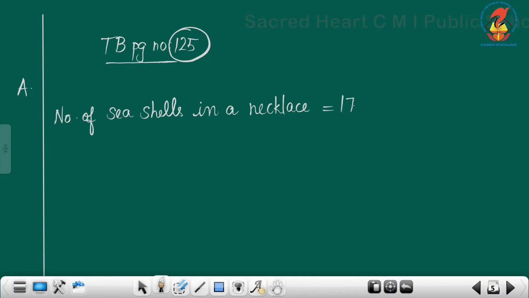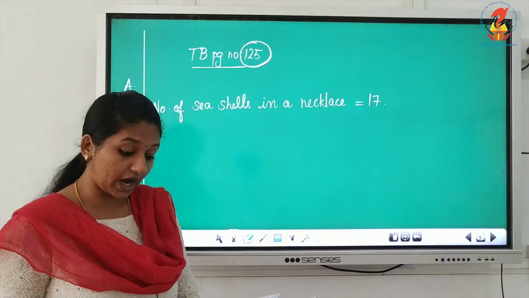It's 17 seashells. Okay. So how many such necklaces can be made using 100 seashells? So she has 100 seashells.